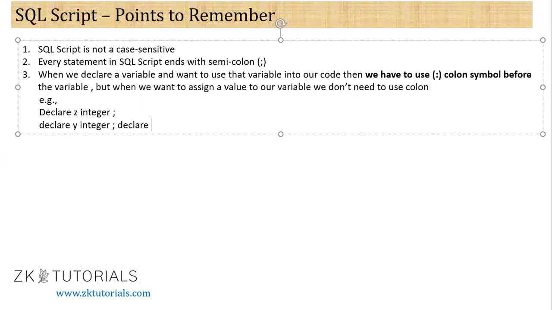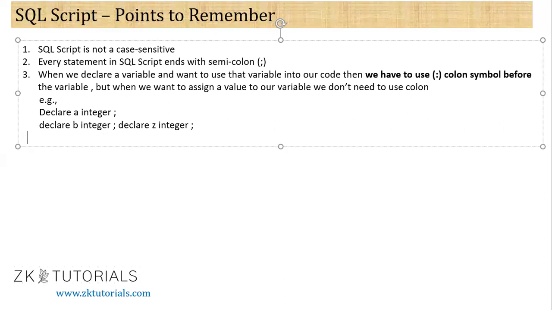Then declare z as integer. I'm having three variables here, which are a, b, and z. Now I want a summation into z.